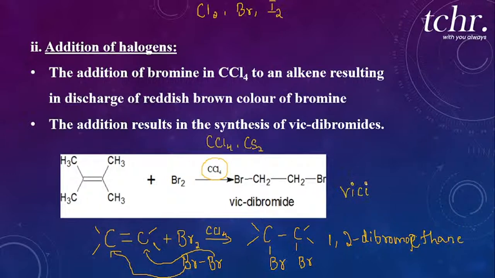In general they are vicinal dihalides, and especially this is a vicinal dibromide. What is a vicinal dibromide? It is two halogens attached to two carbon atoms that are nearby. For example, you can see here two halogen atoms attached to both the carbon atoms. Then it is called a vicinal dibromide. Is that clear, dear students?